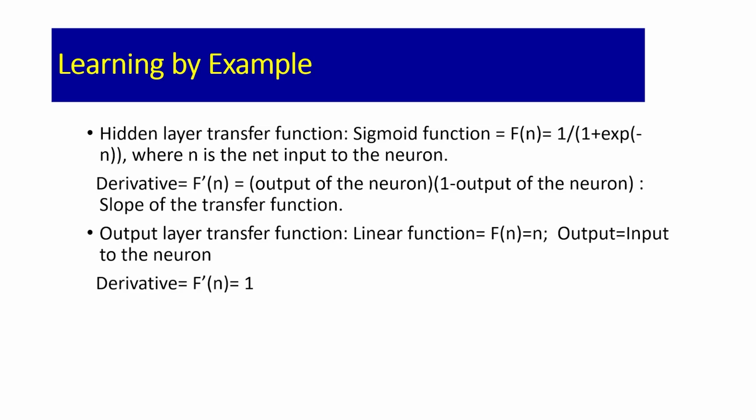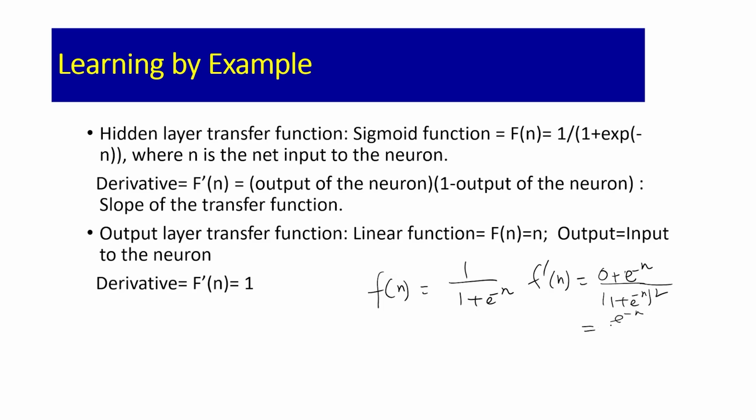Let us take an example where the hidden layer's transfer function is the sigmoid function, which is nothing but 1 by 1 plus exponential minus n. What is the derivative of this? Let me write it: f(n) is 1 by 1 plus exponential minus n. Very simple, right. The derivative is exponential minus n divided by (1 plus exponential minus n) whole square.